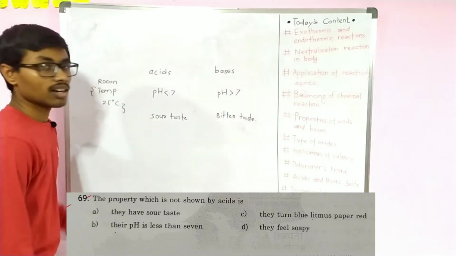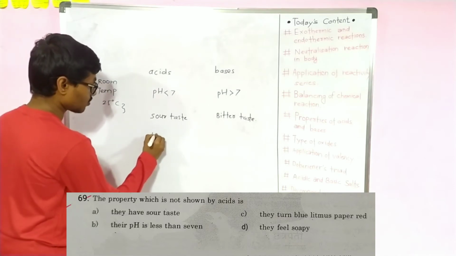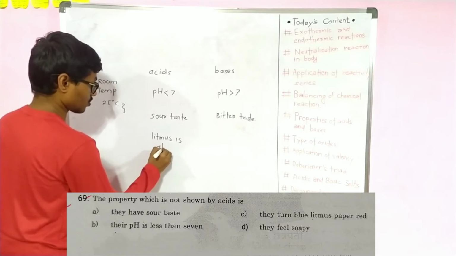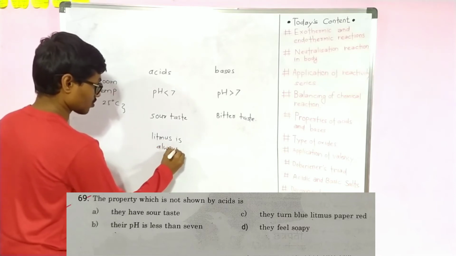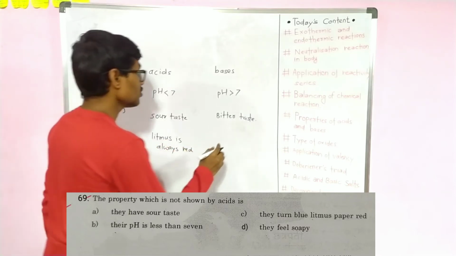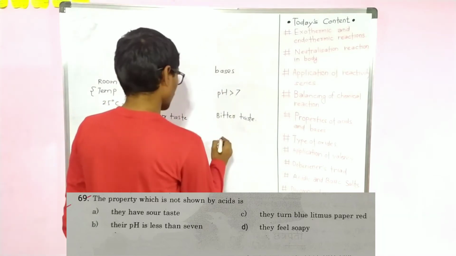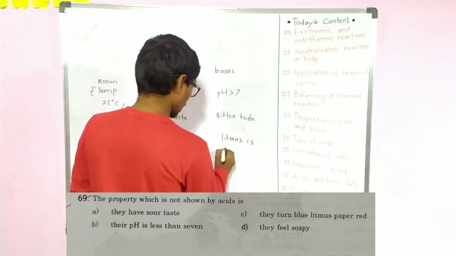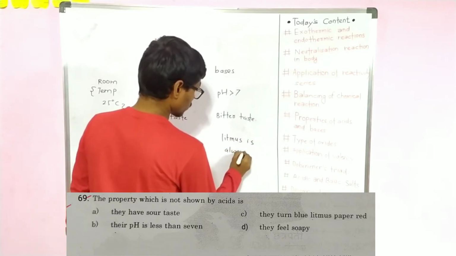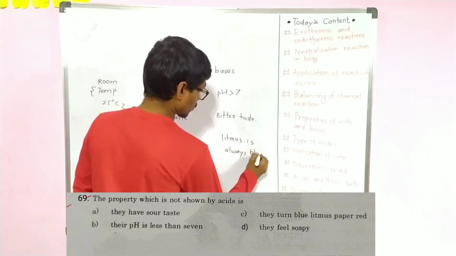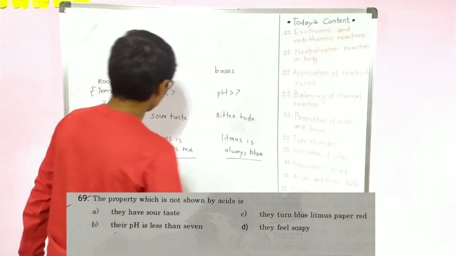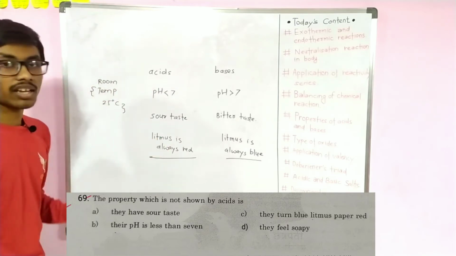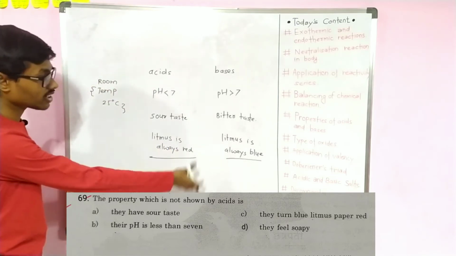In acids, litmus is always red in color. And in bases, litmus is always blue. Now, in case of acids, whatever may be the initial litmus paper, it is converted to red.